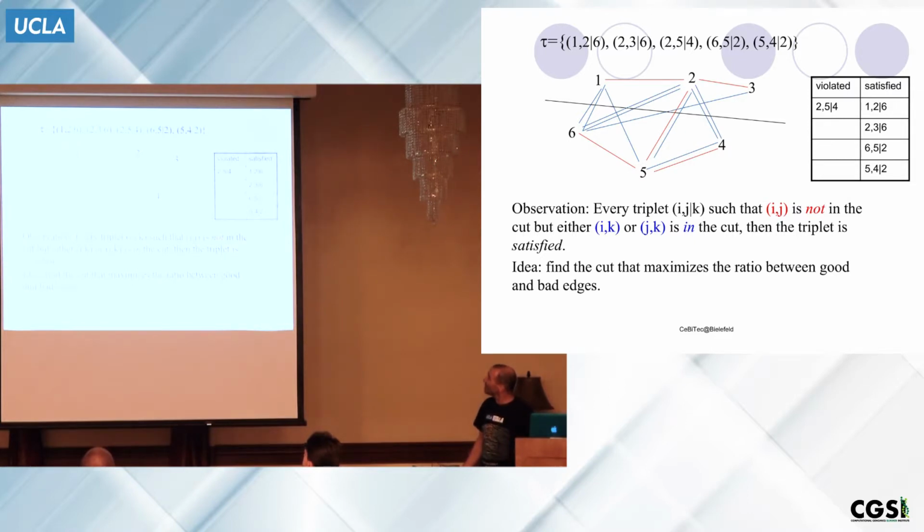What we see is that indeed we must violate one edge, but all the other triplets have some blue edge in that cut. And this is our tree. The tree violates one triplet, but satisfies 4.